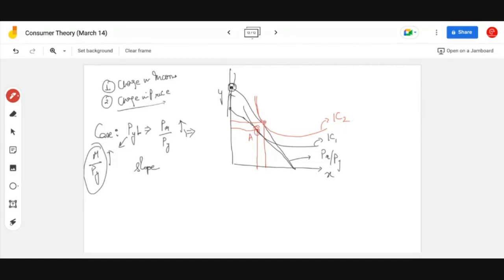Let's call the original point A and the new point B. In the change from point A to point B, there are two different types of effects that we need to see. One is the income effect, and second is the substitution effect.